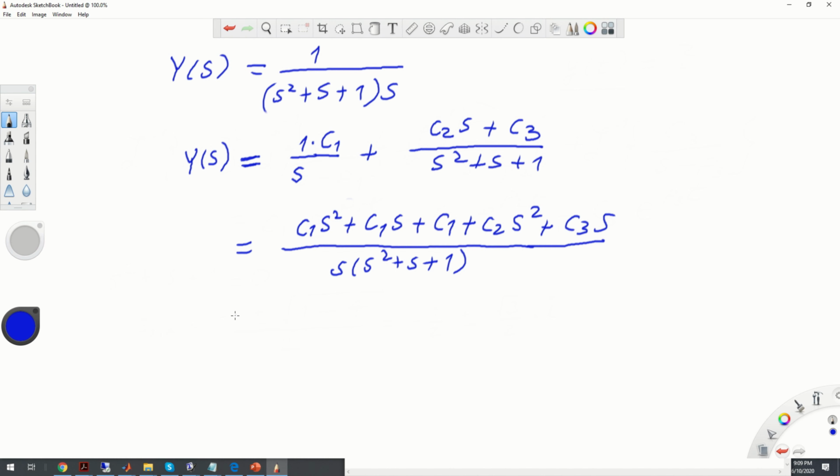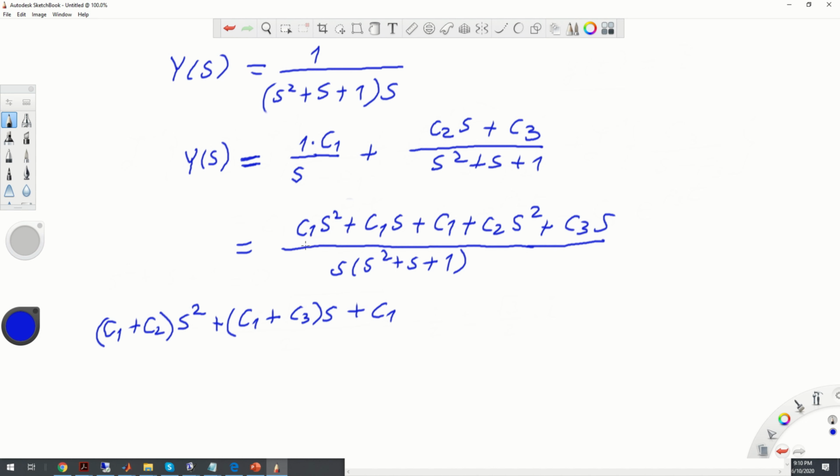So what do we have here? This whole expression in the numerator can be written as C1 plus C2 times s squared, these two terms, plus C1 plus C3 multiplying s, plus C1.